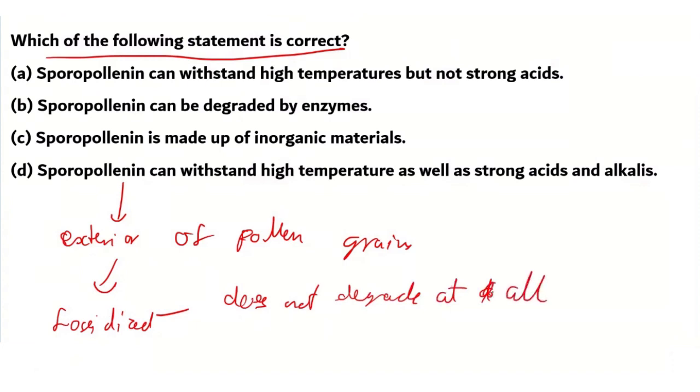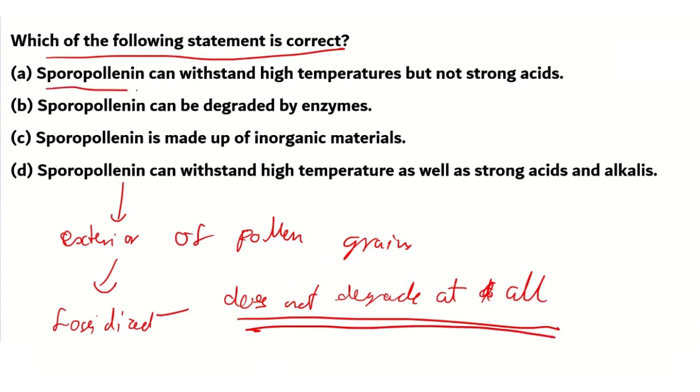So therefore sporopollenin is ideal for being used as the external covering of pollen grains. So the important point is that sporopollenin does not degrade at all. So now we know that point. Let's look at the following options.